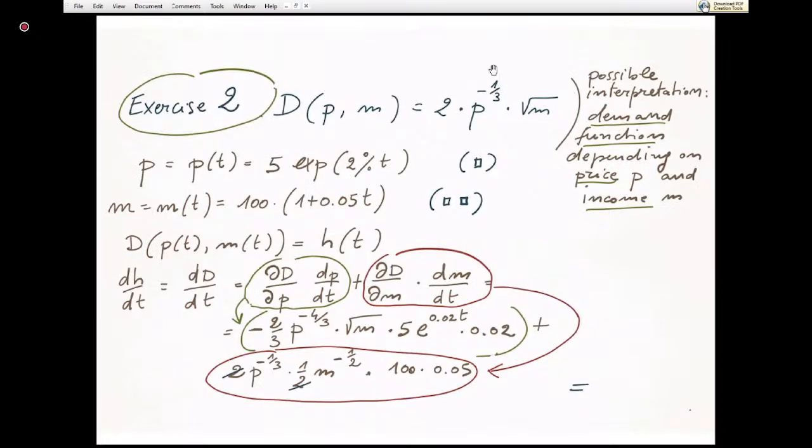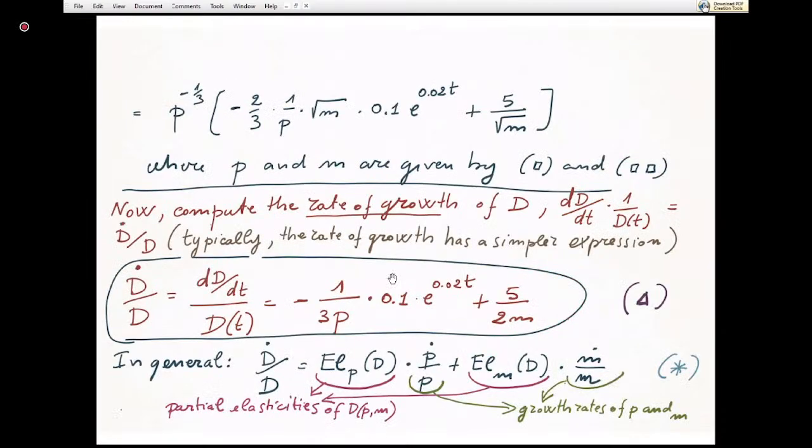So the two partial elasticities are minus 1/3 and 1/2. So the formula becomes even easier for a power function: the first exponent times P prime over P, plus the second exponent times M prime over M.